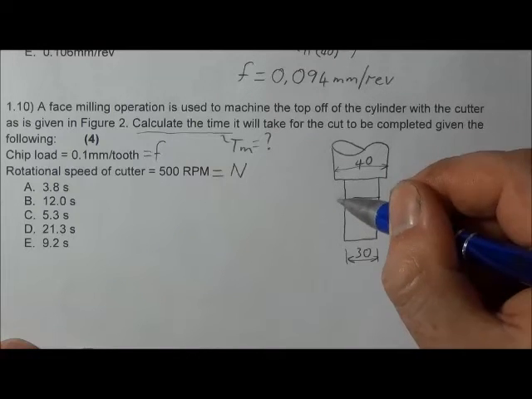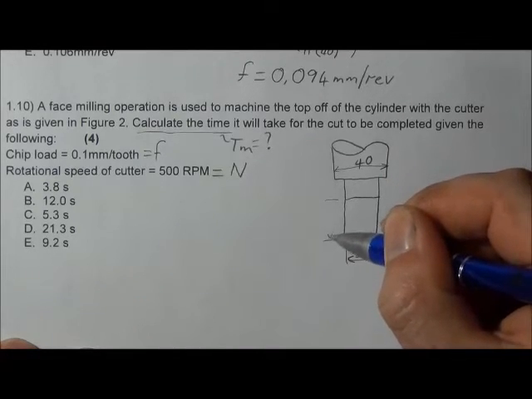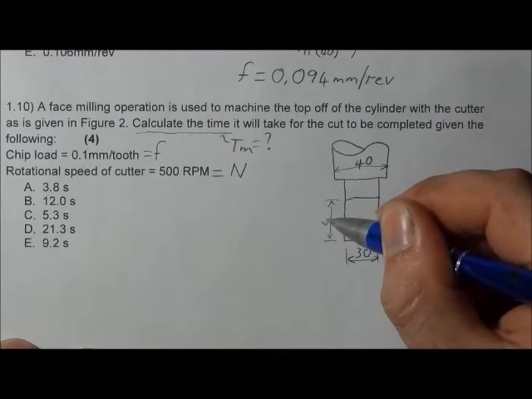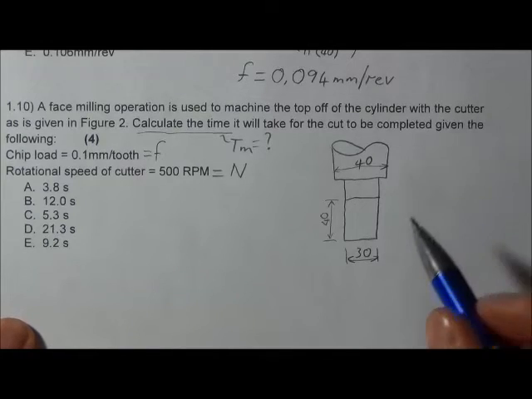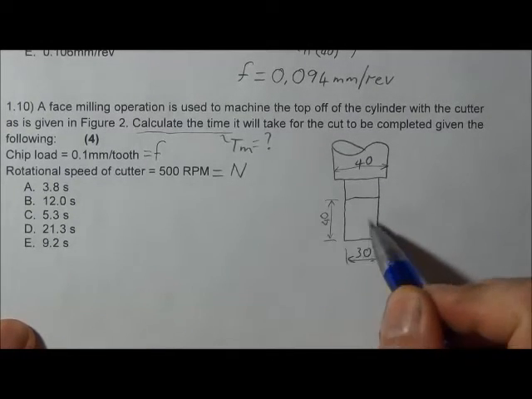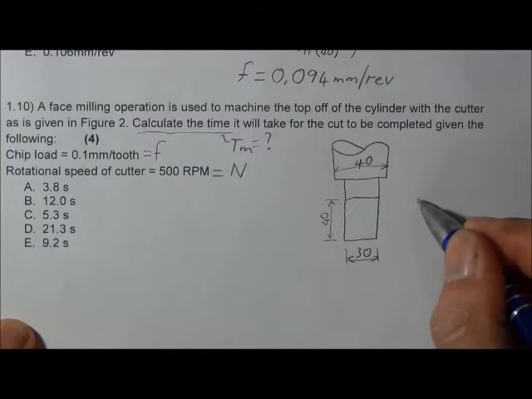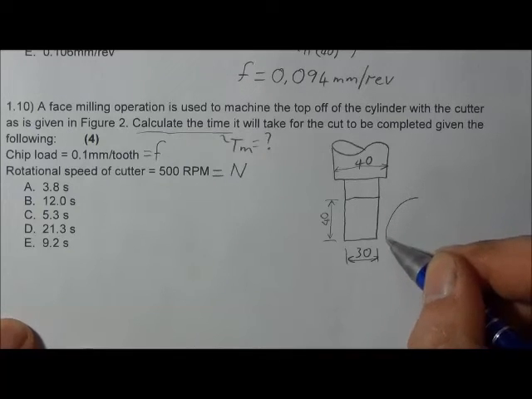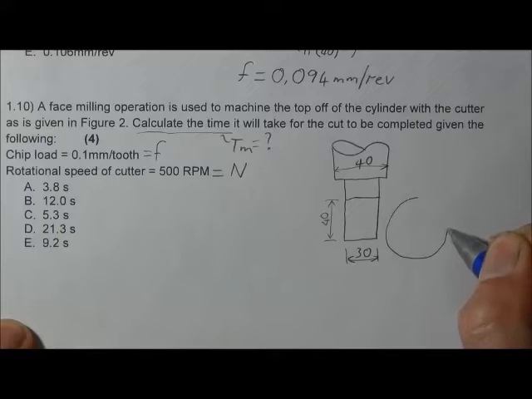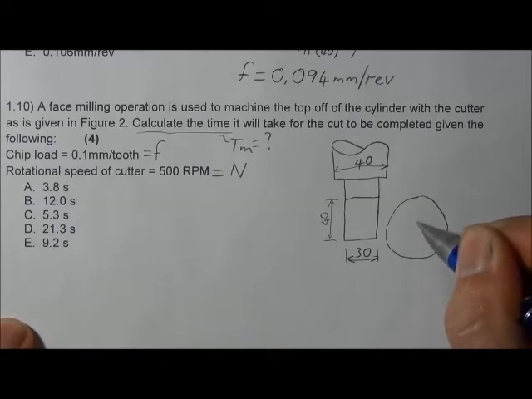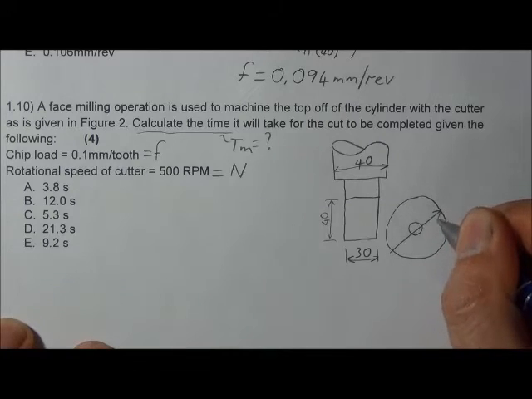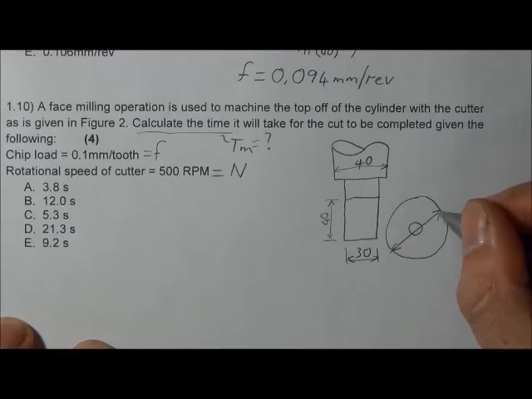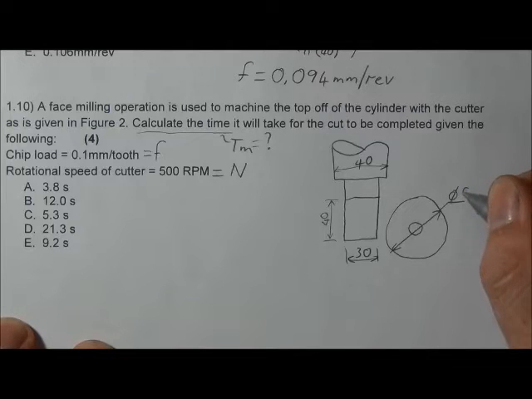That length is 20, this length is 40. My cutter has a diameter of 50, which is slightly bigger than this gap. Diameter 50.